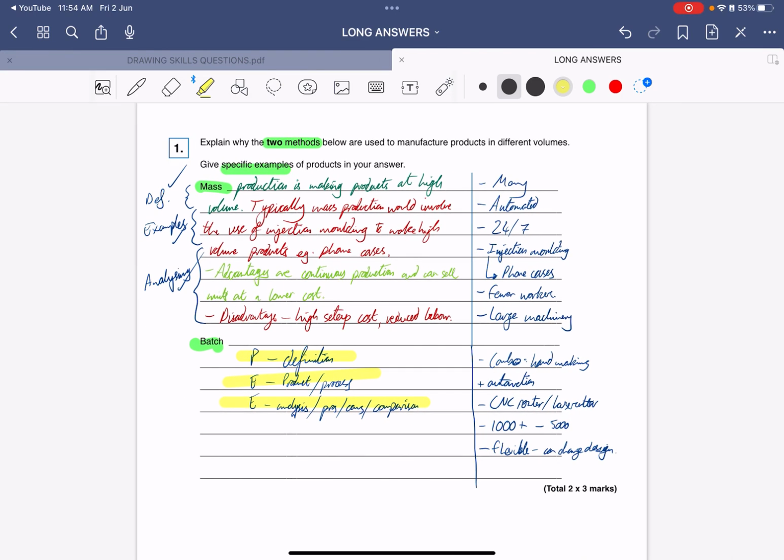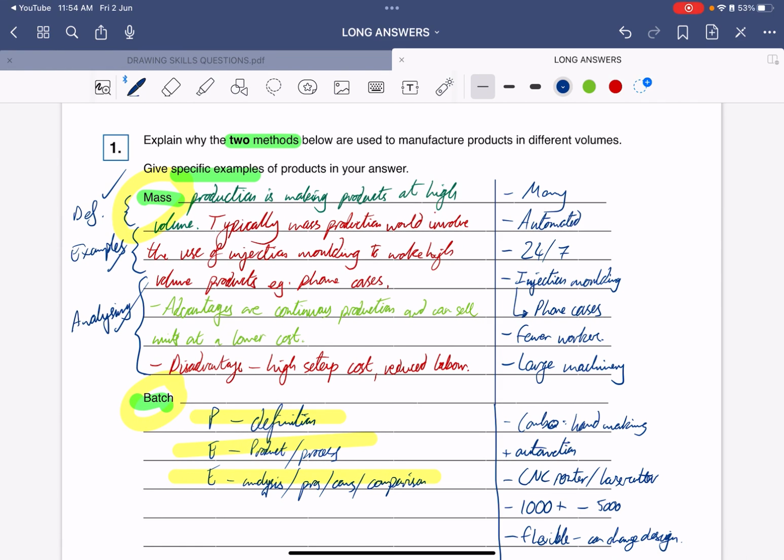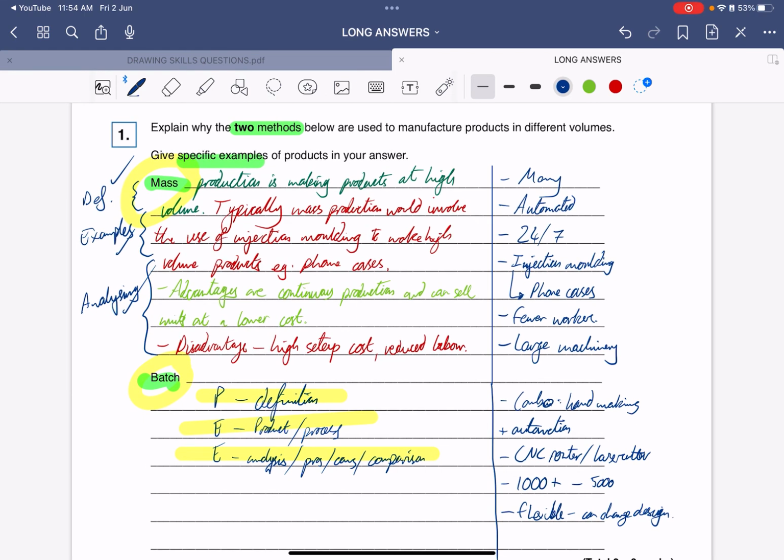Yeah. Other top tips as well are, if they hadn't broken this down into batch and mass, what I'd suggest you do is you do that anyway. Often with the more extended answers, they ask you to compare two things with each other. So an obvious thing to do is to actually just physically break the paragraphs up. You can write in bullet points, as long as you are writing in prose. Sometimes the questions will say that you will be marked on the quality of your written communication.